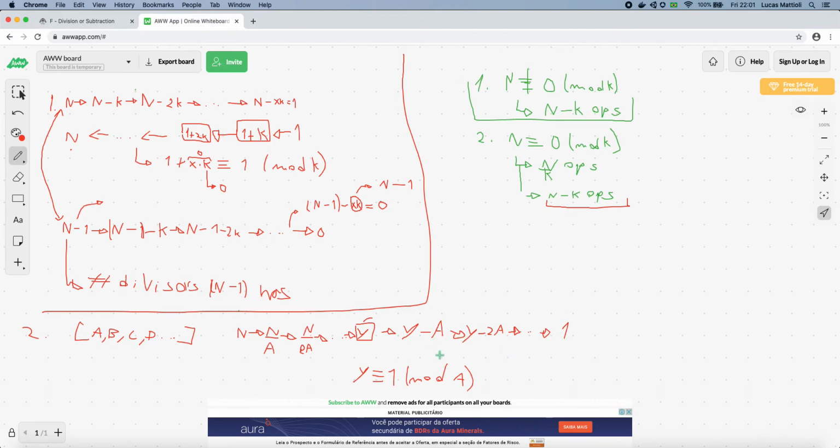For this to happen, as we have already seen, if we do y minus a, then this a here is equal to 0 mod a, I'm sorry. So y minus a is equal to 0 mod a. So the only way to arrive at 1 is if y is 1 here, or in other words, if the rest of the division of y by a is 1.